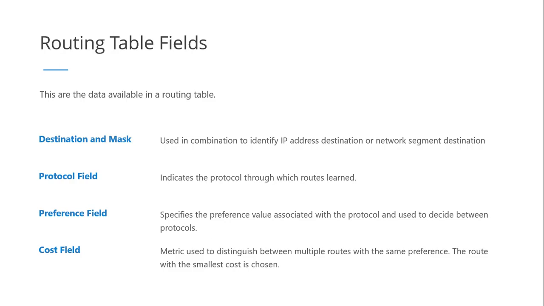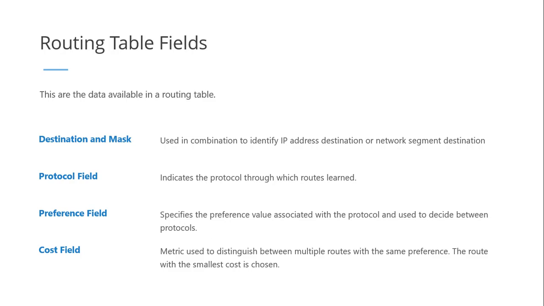Each row and each column pertains to a specific information pertaining to a specific data. In this case, we're talking about routes and what specific interface we have to send the packet to such that it would reach its specific destination. So these are the data available in a routing table.